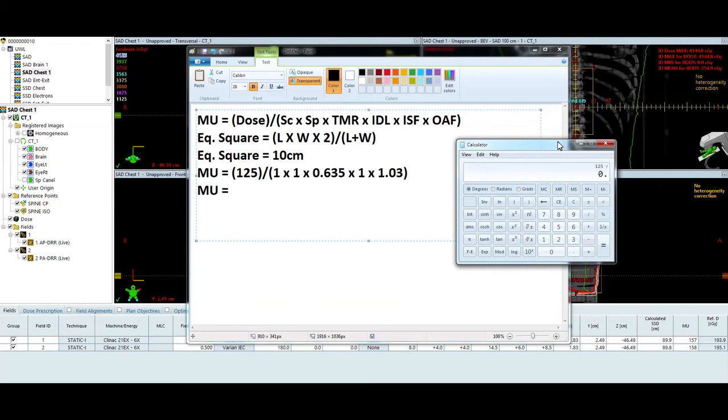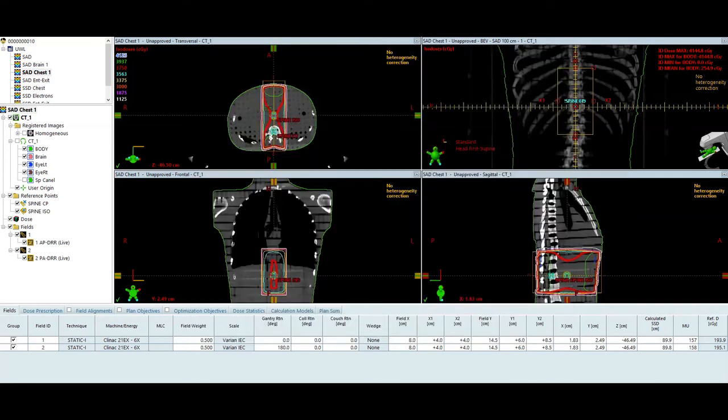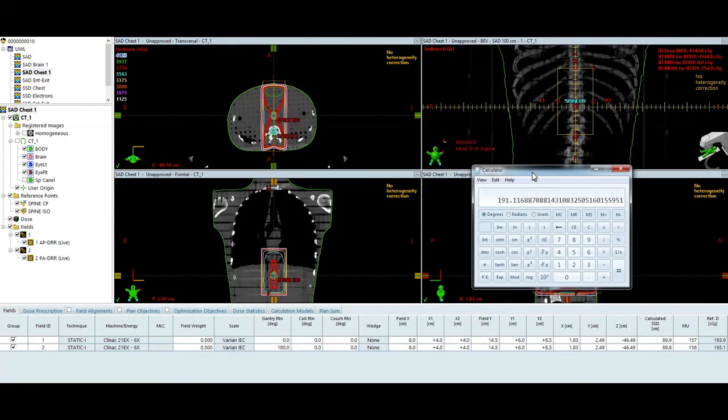125 divided by 0.635 and divided by 1.03. That doesn't look right.